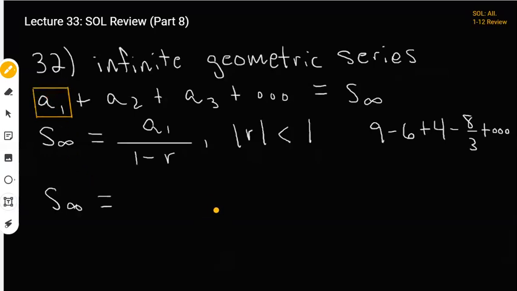So what's the first number in my series right here? Was anybody able to get that? Nine, right? So I'm going to put 9 on top, and I'm going to need 1 minus R on the bottom.